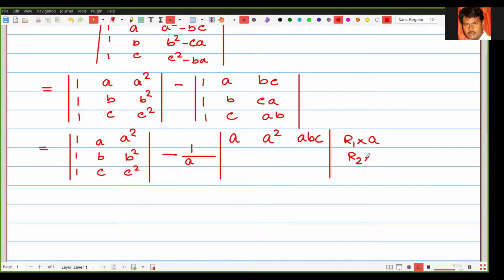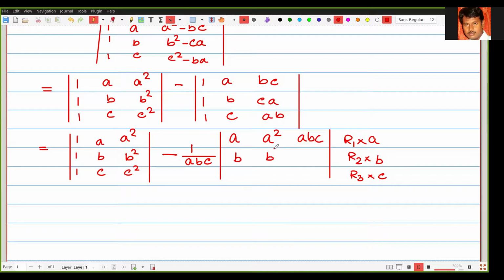The second row is multiplied with B, the third row is multiplied with C. So 1 by ABC is here, as we are multiplying the first row with A, second row with B, and third row with C. So we are dividing the determinant by ABC.